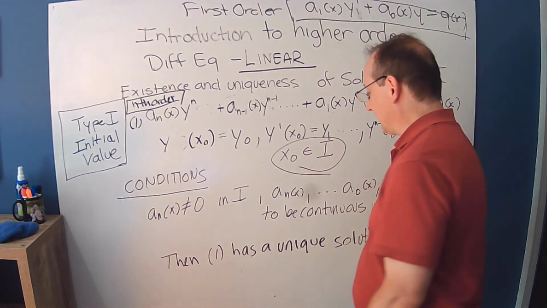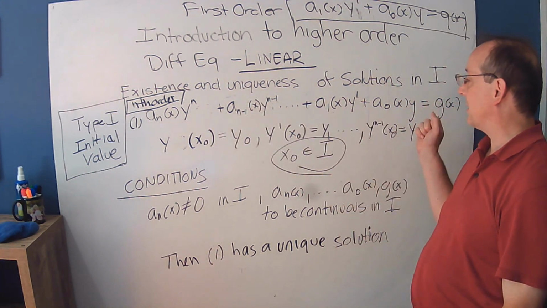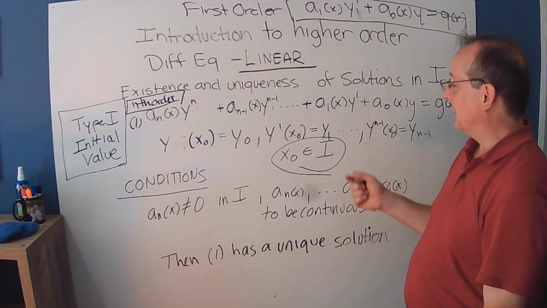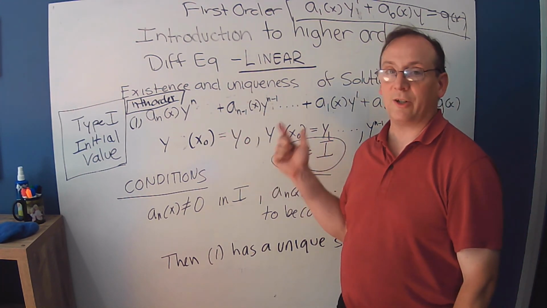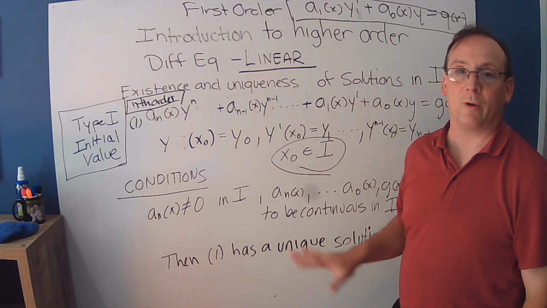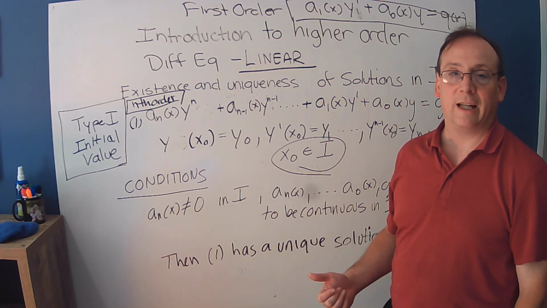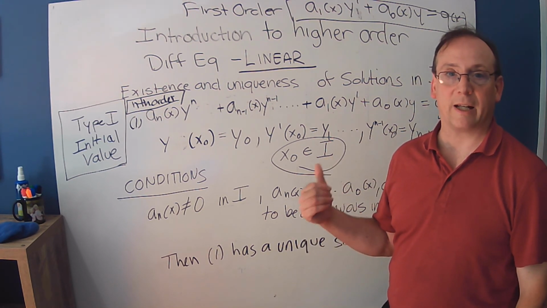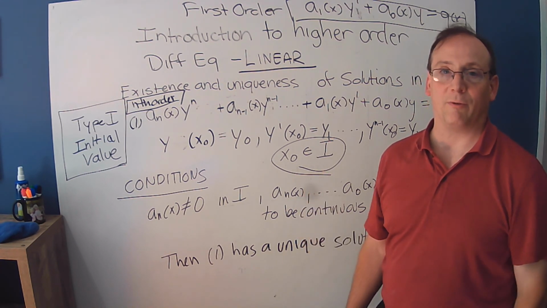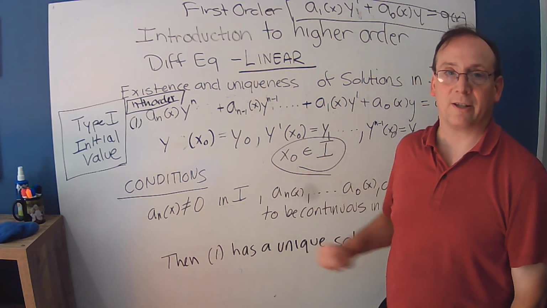If we have all these coefficients being continuous in the interval, with an initial condition that's in that interval, then we're guaranteed that there's going to be a solution, and that solution is going to be unique. In the next video, I will pick a specific example, and we will milk that example for all it's worth to show you exactly how this plays out.